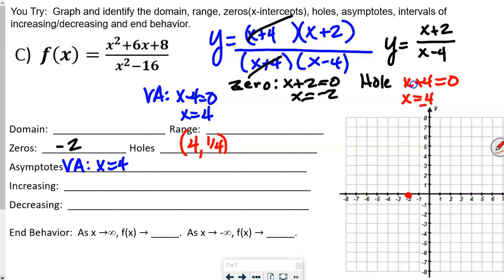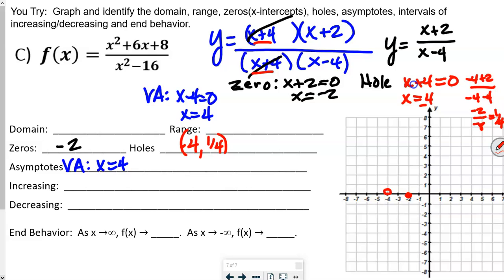So it's going to be a -4, because this is what's repeated, right? So then we're going to put that -4 plus 2 over -4 minus 4, that would be -2 over -8, which is 1/4, right? So that's how I got -4, 1/4 over here. So we're going to then plot that -4, 1/4. That's going to be over here, okay?